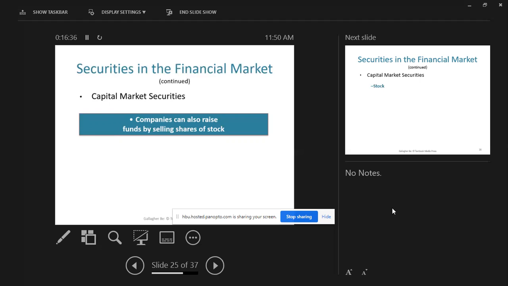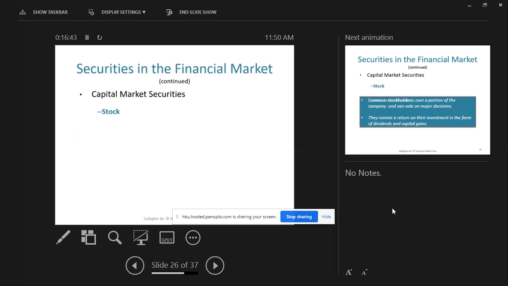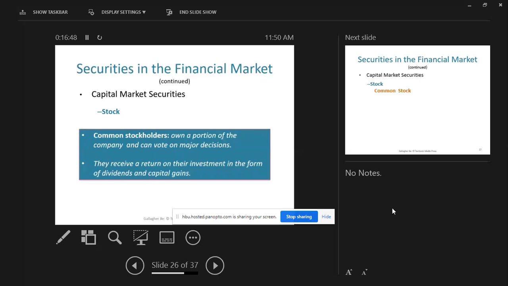The company issues bonds and also issues stocks, including common stocks and preferred stock. The common stocks will pay dividends. Common stockholders will get a benefit from investing in those common stocks by getting dividends.